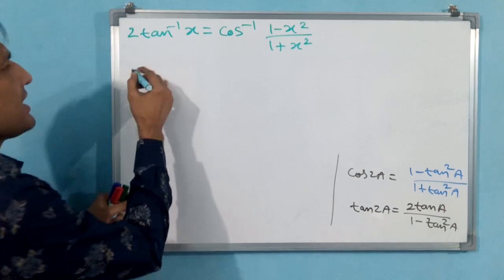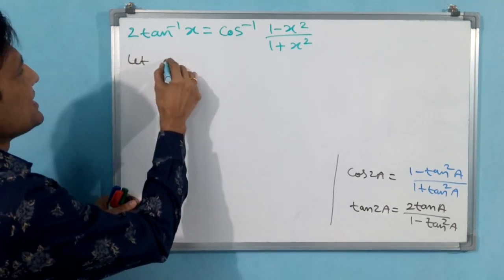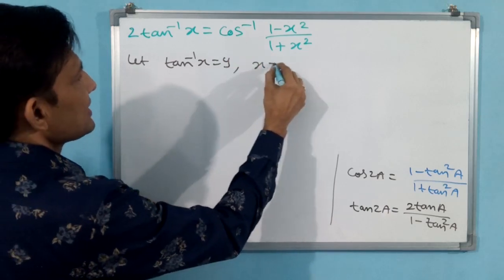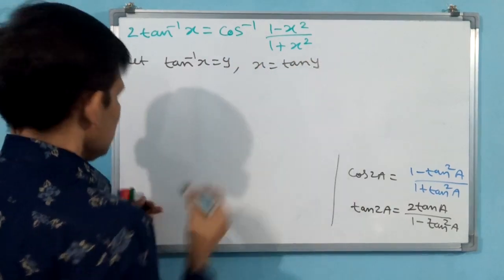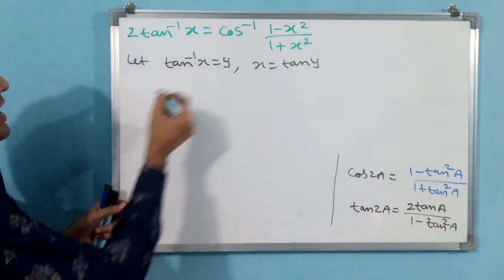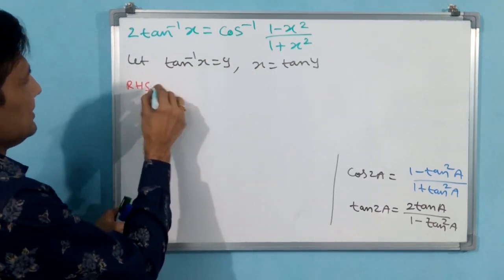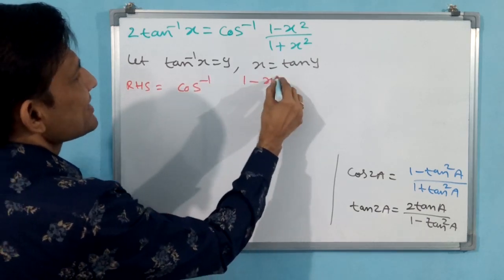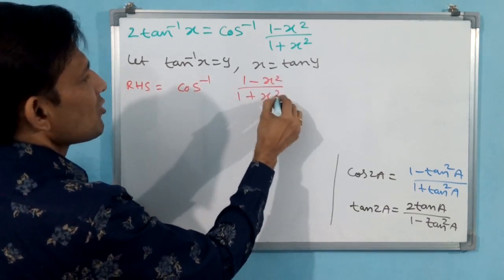Now also, again I am taking, let tan inverse x is equal to y, so x is equal to tan y. Is it okay? Now I am taking the RHS again. RHS is cos inverse 1 minus x square by 1 plus x square.